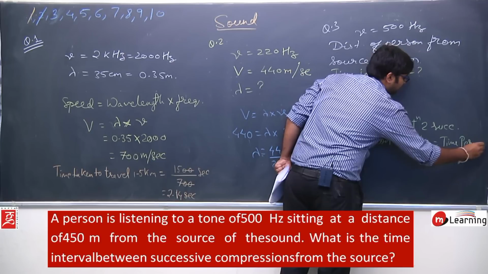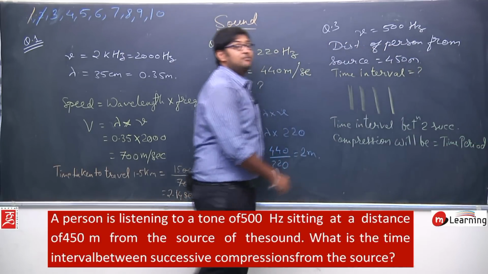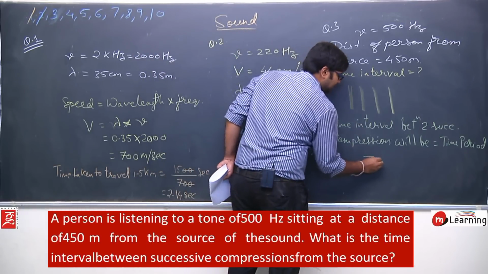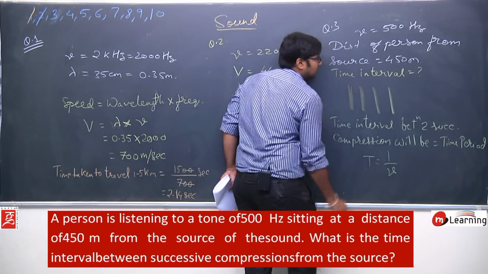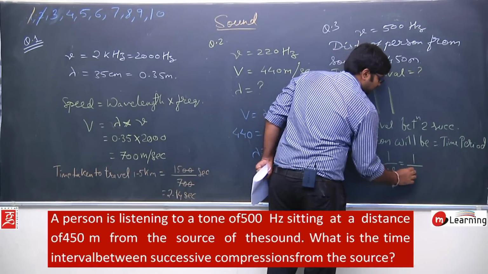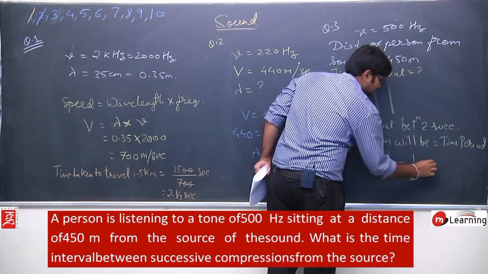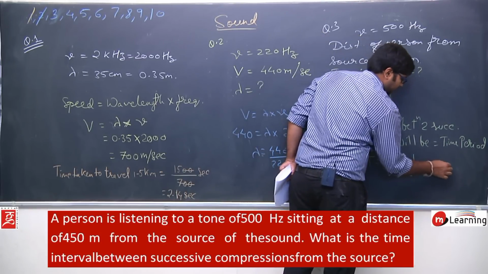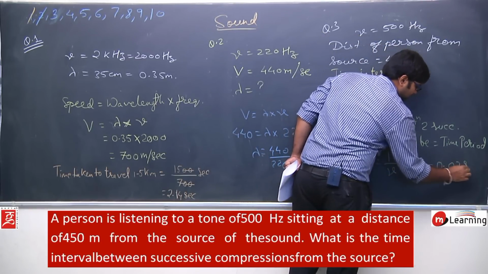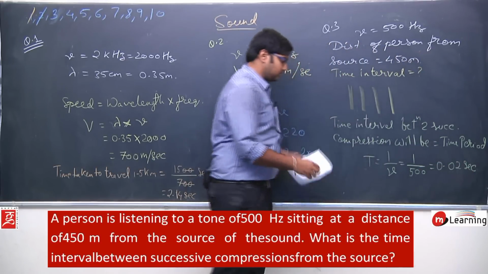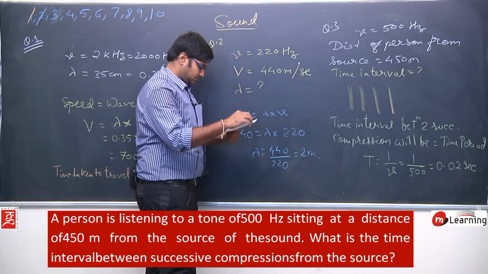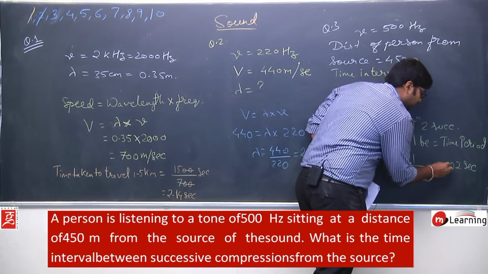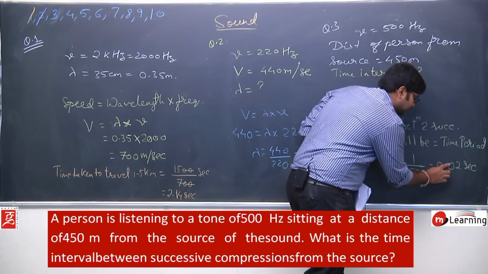It will simply be equal to the time period of the sound wave. So how do we calculate the time period? Time period T is equal to 1 upon the frequency. Frequency is 500 hertz, so this comes out to be 0.002 seconds.